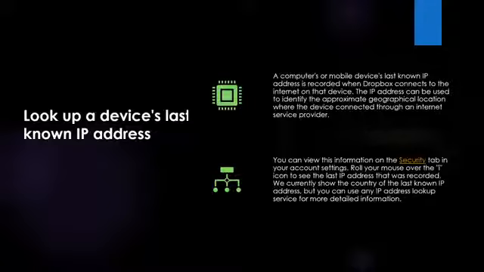You can view this information on the Security tab in your account settings. Roll your mouse over the i icon to see the last IP address that was recorded. We currently show the country of the last known IP address, but you can use any IP address lookup service for more detailed information.